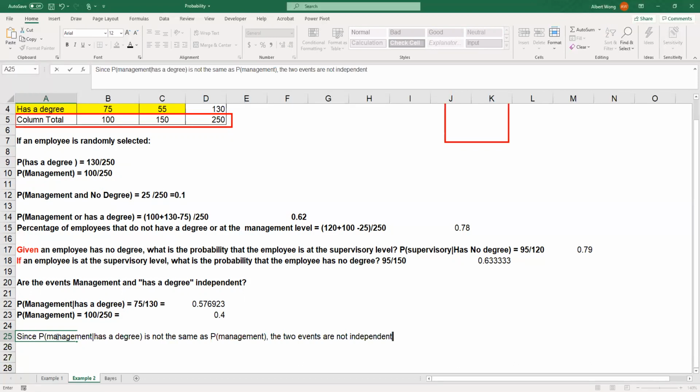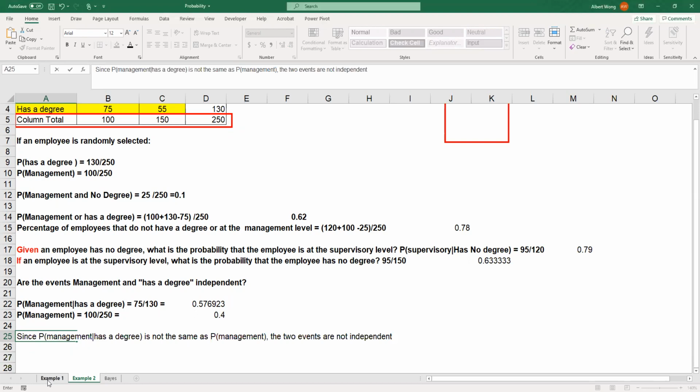So this is how you evaluate two events and see whether they are independent or not, by always calculating the conditional probability and the unconditional probability. And you don't have to check two pairs, only one pair of probabilities, and it will be good enough.